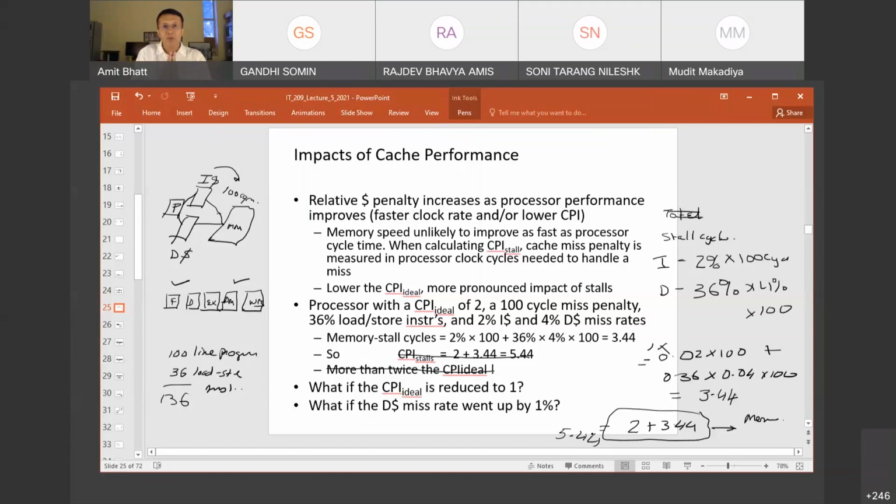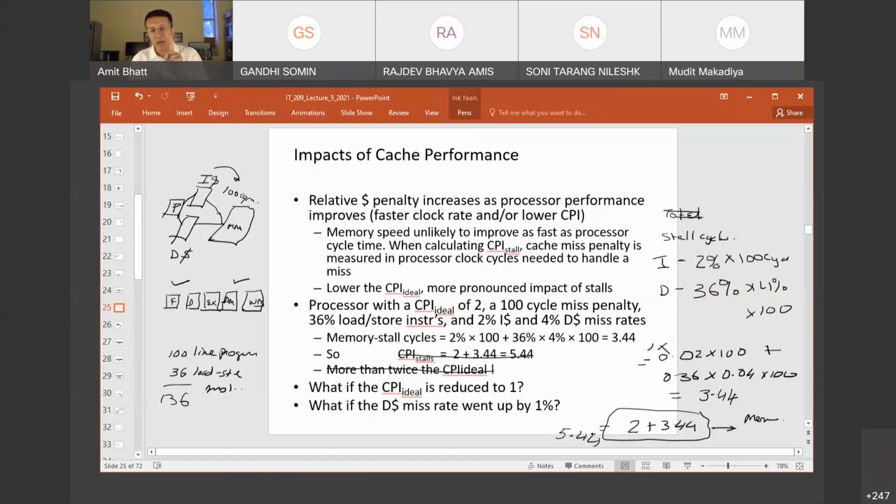So now you can understand the logic behind putting the second cache, that is L2 cache, which has got, say, roughly a 10 cycle penalty. So you say, okay, whatever is not found in L1 cache may be found in L2 cache, so that you don't have to go all the way to main memory. So this example teaches you 2 things.